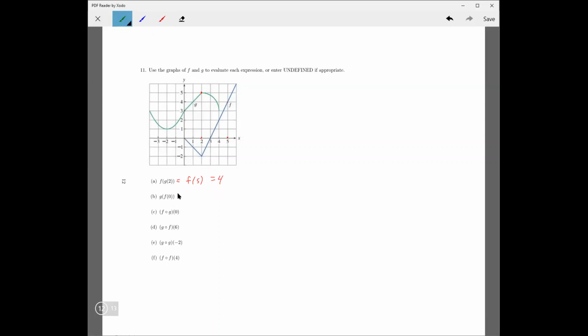For the second one, you go to 0 first, and f of 0 is 0, right? That's right there. And then g of 0 is 3, so that's going to be 3. Because you go to 0, and that's 3 on the g.